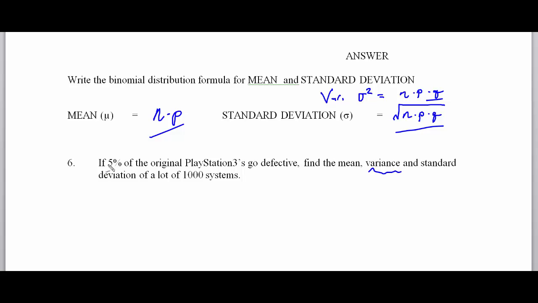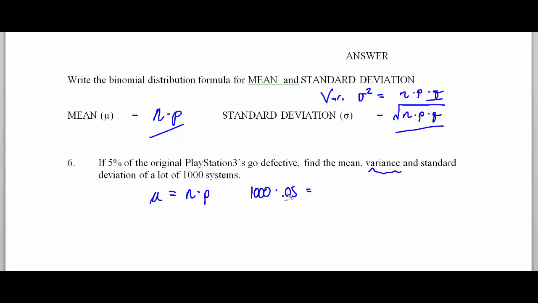So what we're looking at is: if 5% of the original PlayStation 3s are defective, find the average number that will break, the variance, and the standard deviation of 1,000 systems. What's interesting is that a success is a broken machine, so we have to keep that in mind as we do the mean. The mean is going to be n times p, where n is our 1,000 systems and p is 0.05.